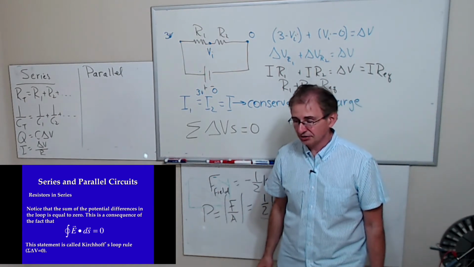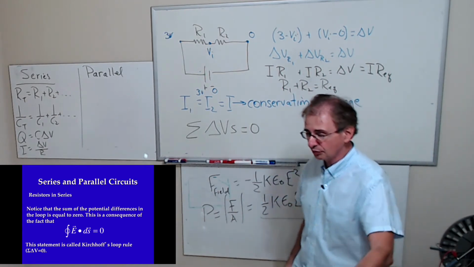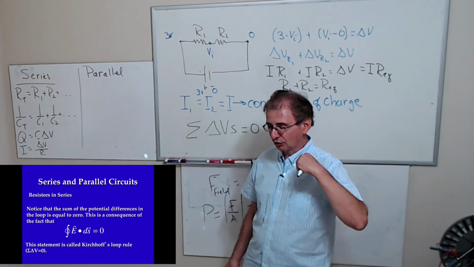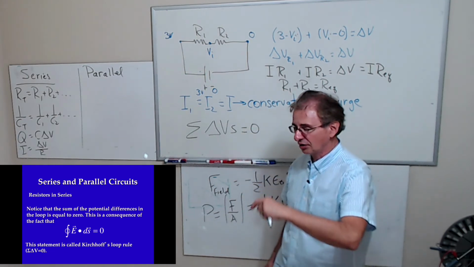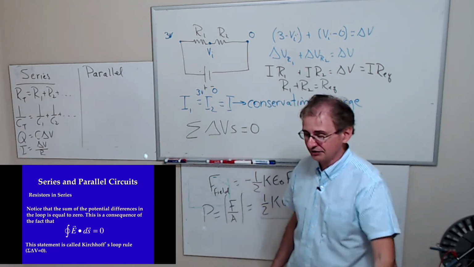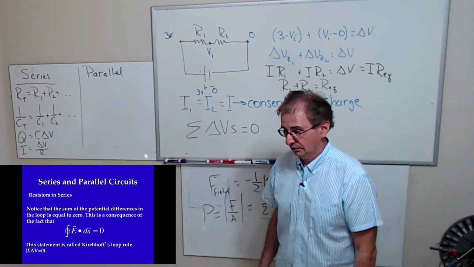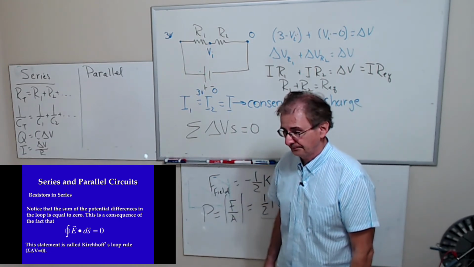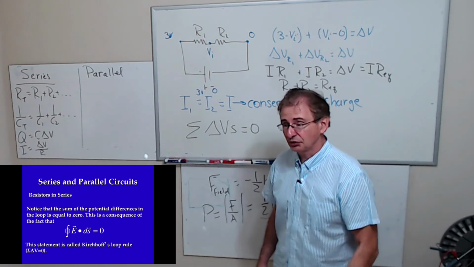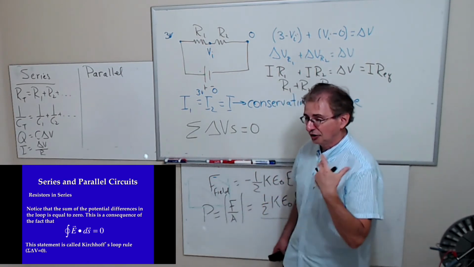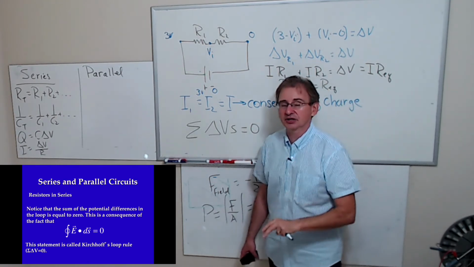This statement is called either Kirchhoff's loop rule, or Kirchhoff's voltage rule, or Kirchhoff's voltage law. I see all different names for it. This is one of the overriding laws when you're analyzing a circuit.